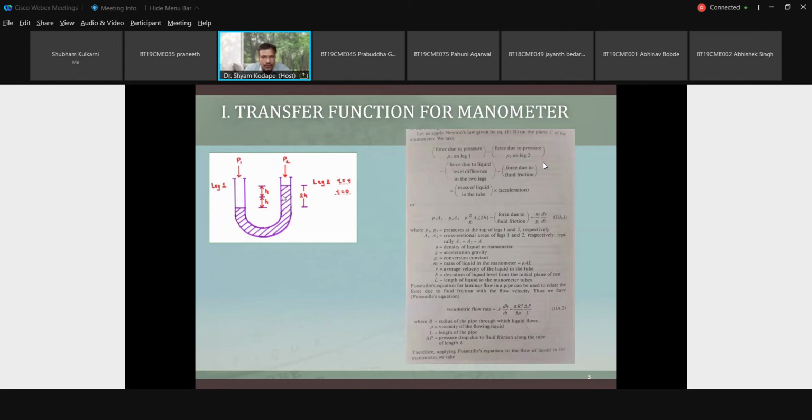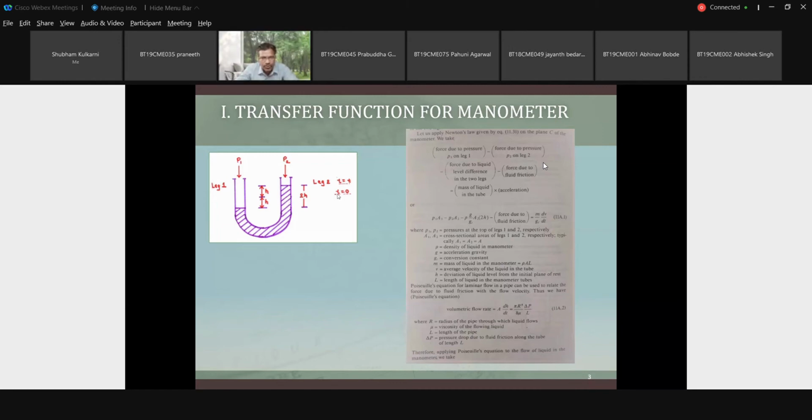In this condition, the height in leg 1 and the height in leg 2 of this particular liquid will be resting at the center. Is this clear? So they will be on the same plane in absence of pressure. That particular condition we call a steady state.